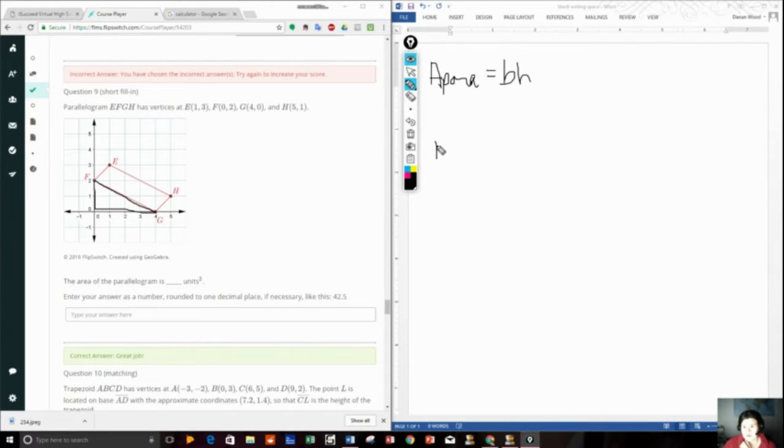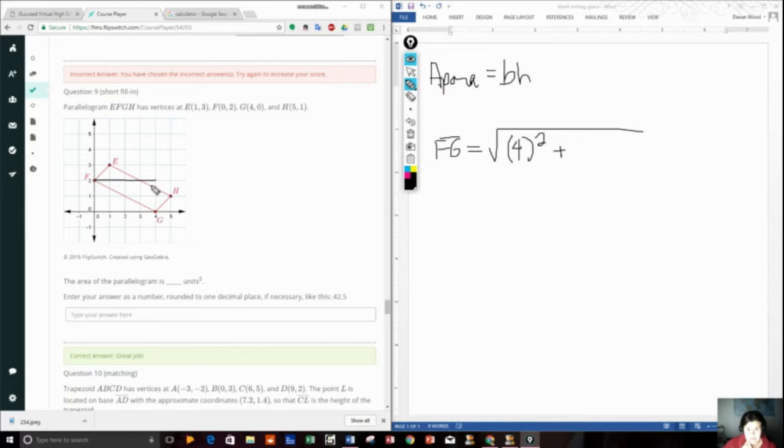So I'm going to find the distance of FG, and that's going to equal the square root of our horizontal distance squared plus our vertical distance squared. So our horizontal distance is 1, 2, 3, 4. So that is 4 squared.